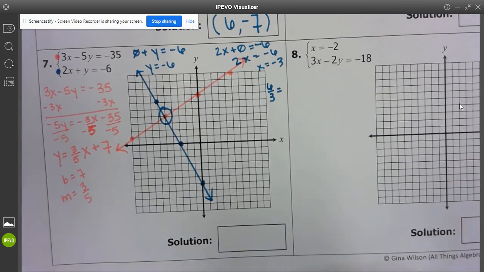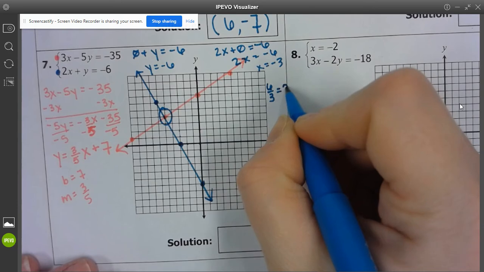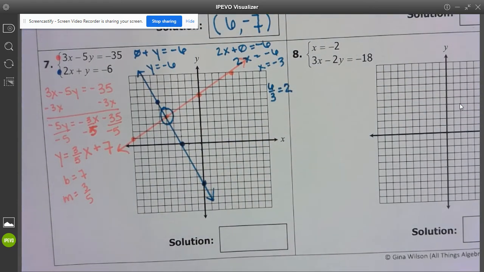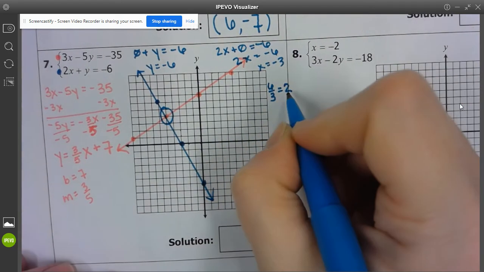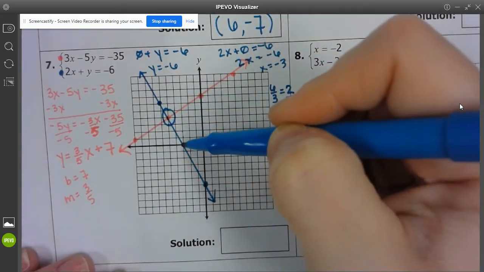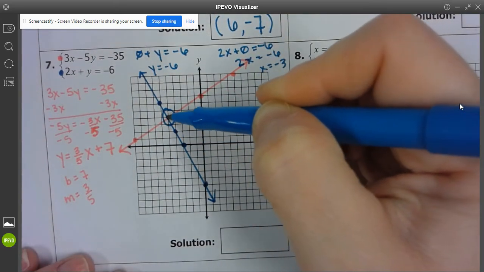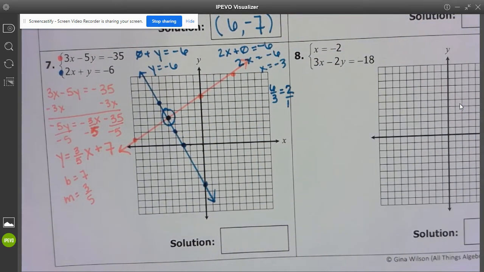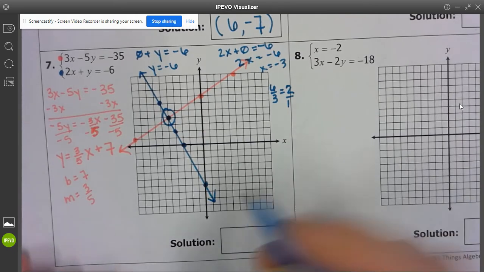So I went up 6 over 3, so my slope is 6 over 3. That's the same as 2. So I should also be able to go up 2 and over 1. So up 2 over 1, up 2 over 1. And that's just further proof that that is our intersection point.